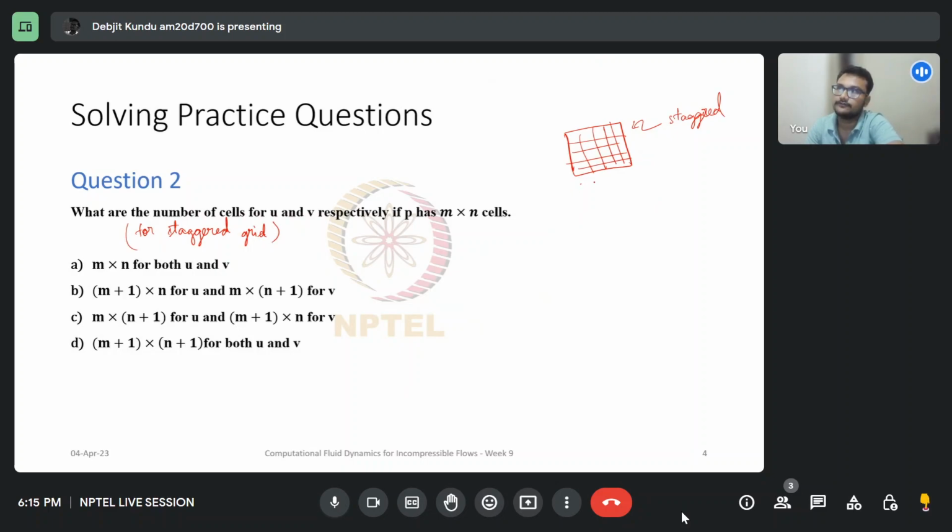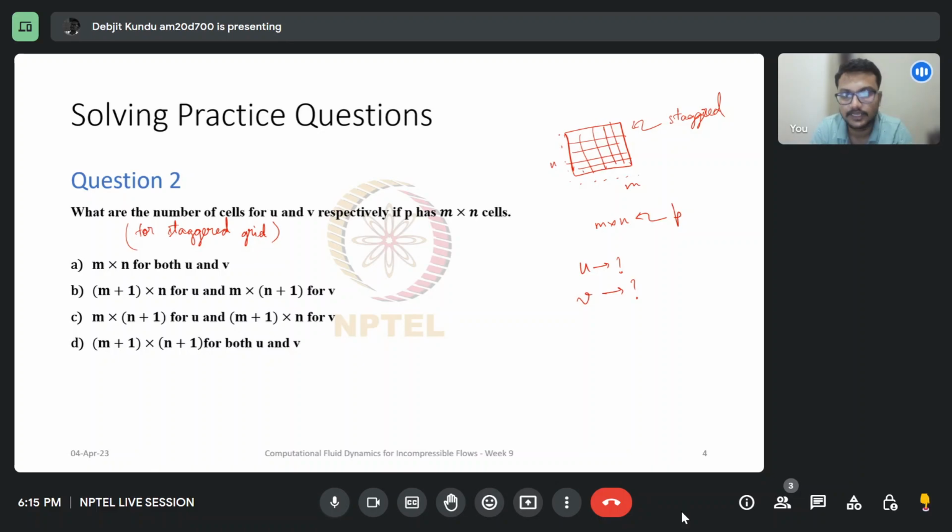So if I have m points in the x-axis and n points in the y-axis, the number of cell centers is m cross n, and that is where I am storing the value of p. Now my question is, how many cells would there be for u and v?